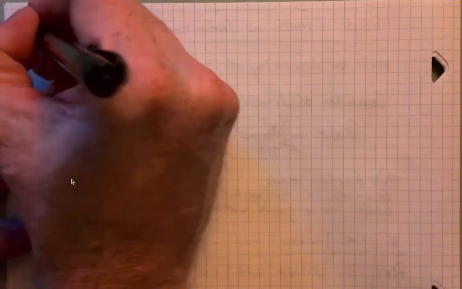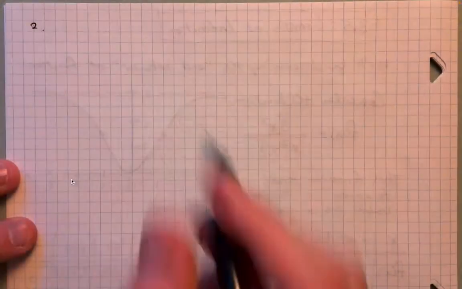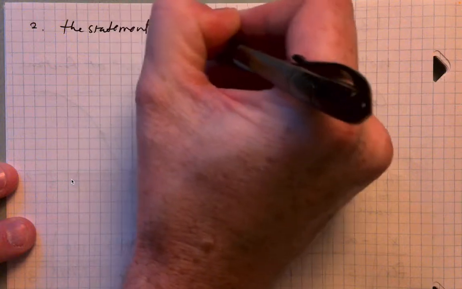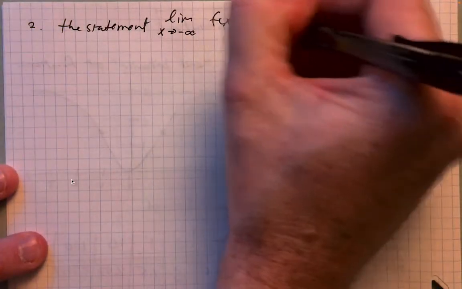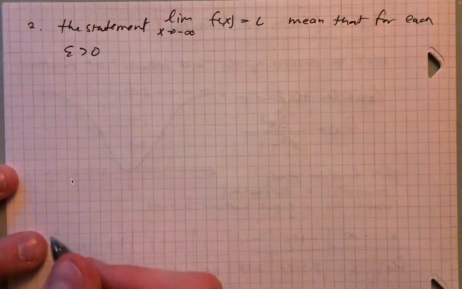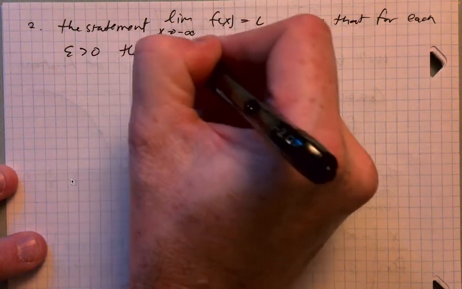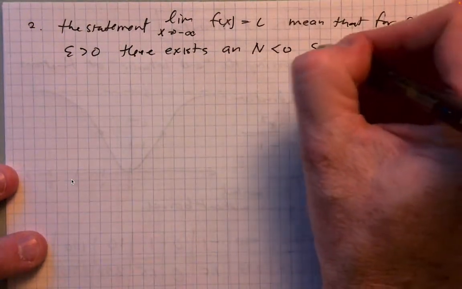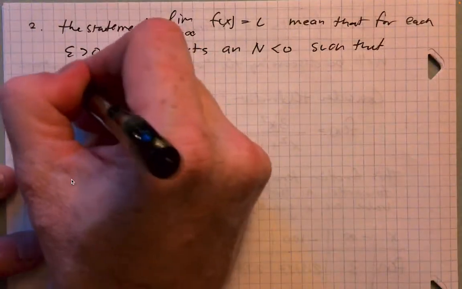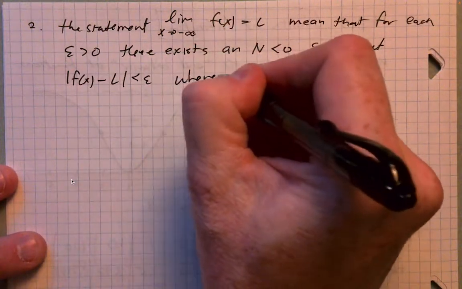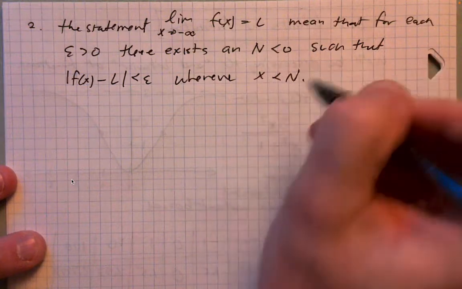And so the way we would write that up would be to say the statement limit as x approaches negative infinity of f of x equals L. All right, so what that means is for each epsilon greater than 0, there exists an n, here again taken to be an integer less than 0, such that the absolute value of the difference between f of x and L is less than epsilon whenever x is less than this particular integer.